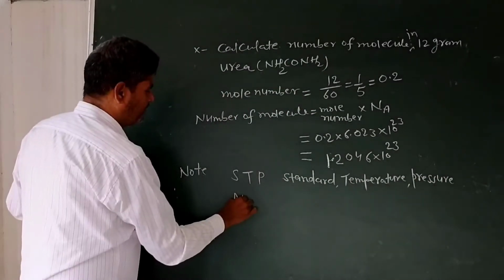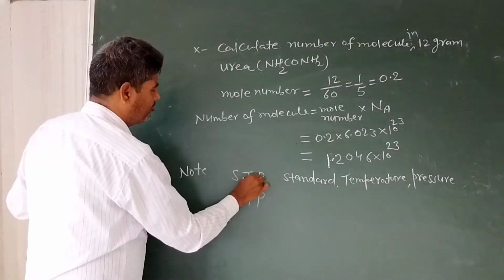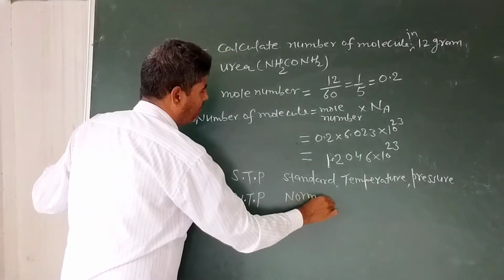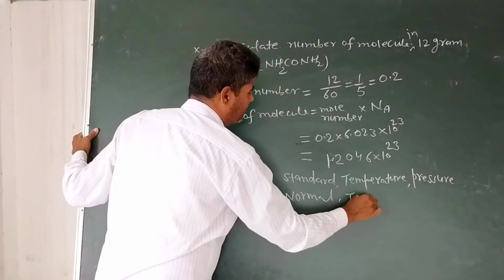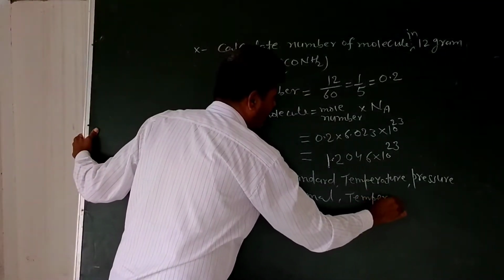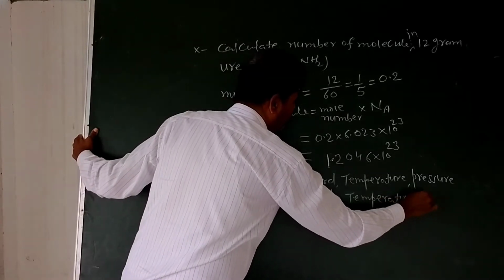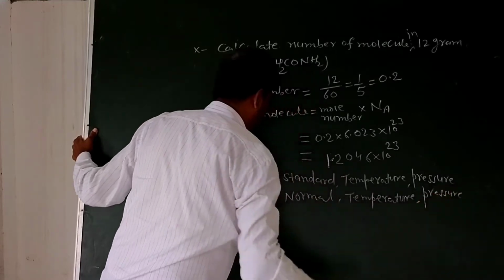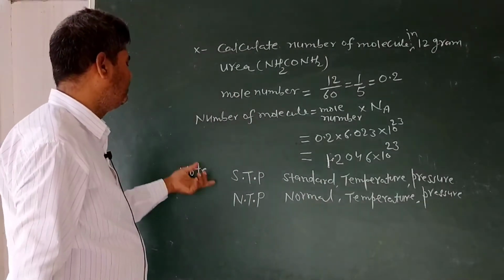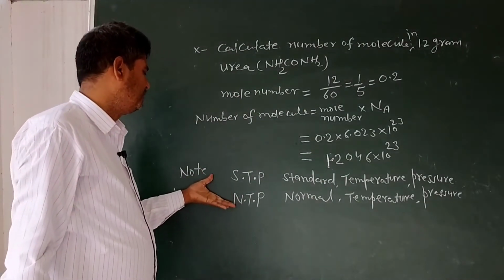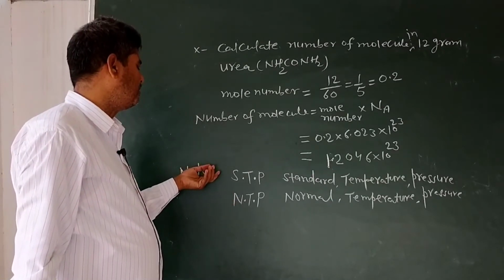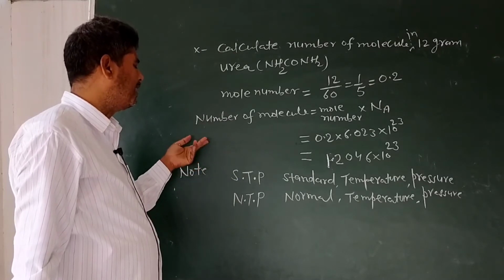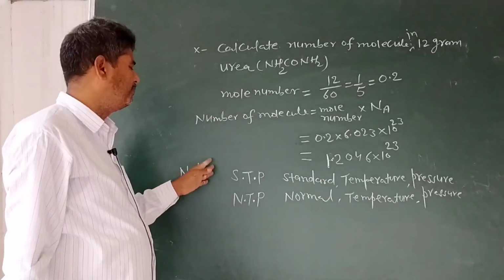And for NTP, N means normal, T means temperature, and P means pressure. Both have the same sense. Several authors or writers use STP, and a few of them also use NTP. The meaning of both is the same.